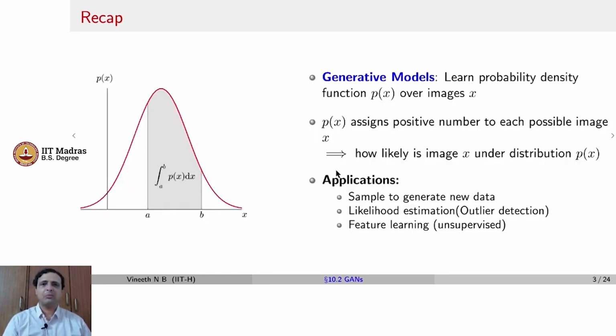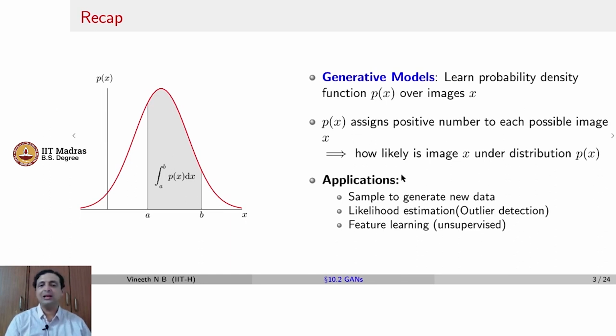Let's recap some of the concepts that we spoke about in the last lecture. We said that generative models try to learn a probability density function P of X over a given set of images, training data X. If you knew the distribution, if that was parameterized as a Gaussian, P of X assigns a positive number to each possible image depending on its probability of being generated by that distribution.